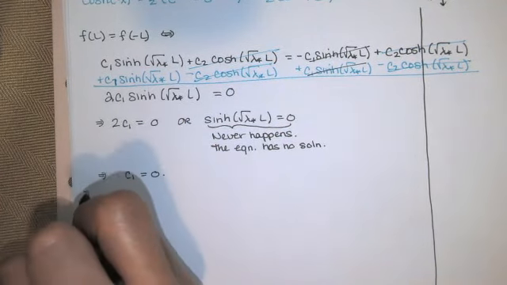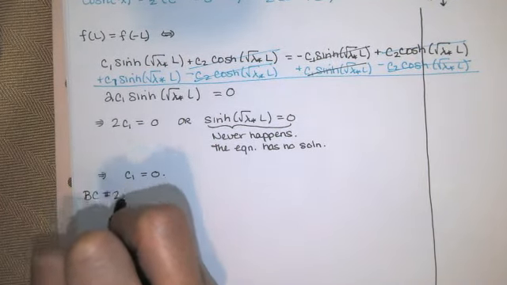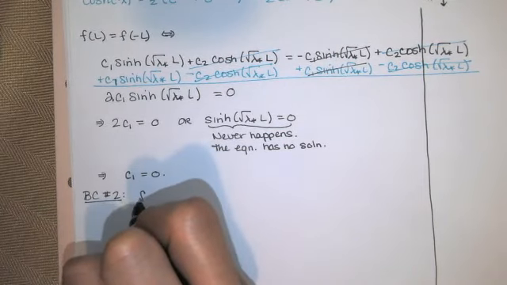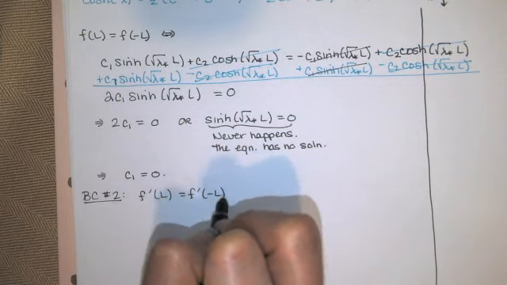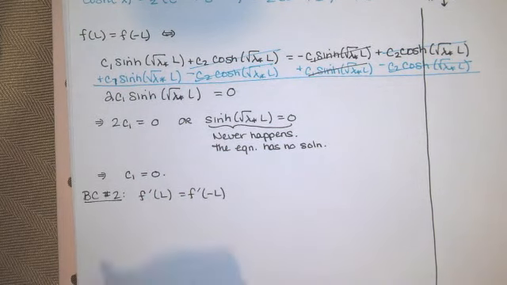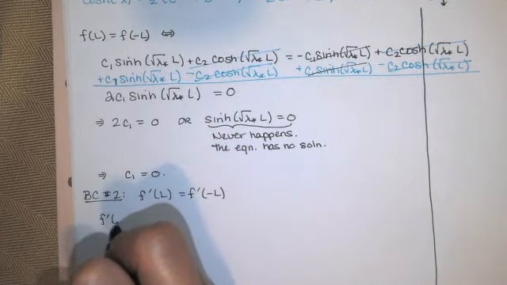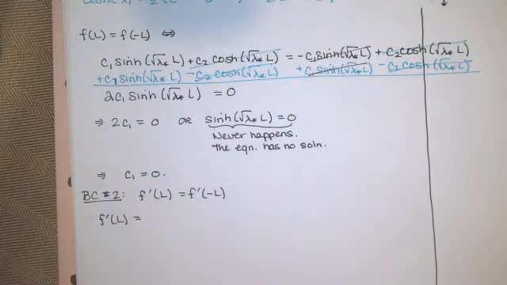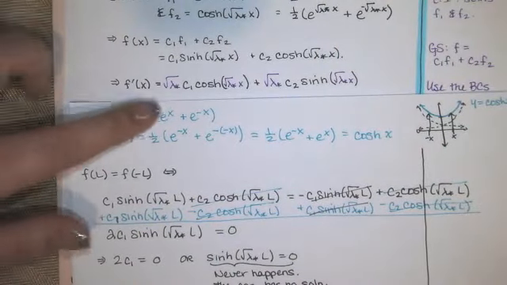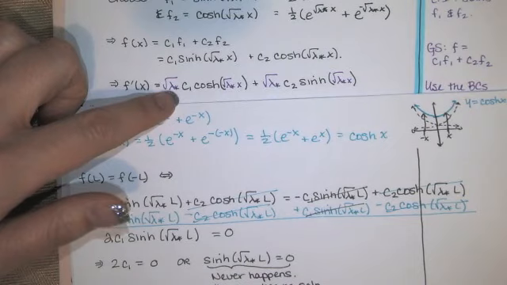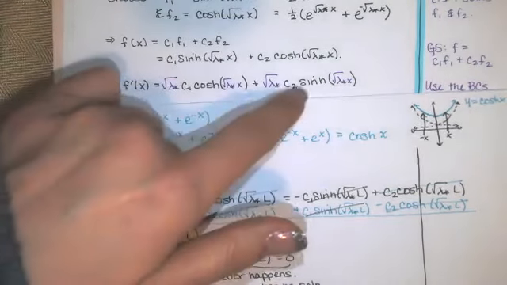Let's go to the second boundary condition. The second boundary condition tells us that f prime of L and f prime of negative L are the same. So let's compute f prime of L. Here is f prime. Notice you get this square root of lambda sub star out front for both of these, and then you've got the hyperbolic sine and hyperbolic cosine functions.